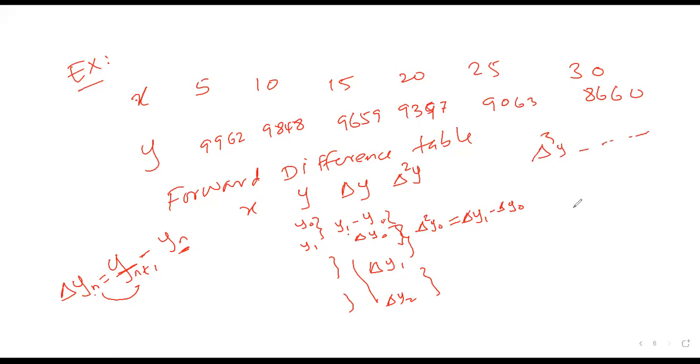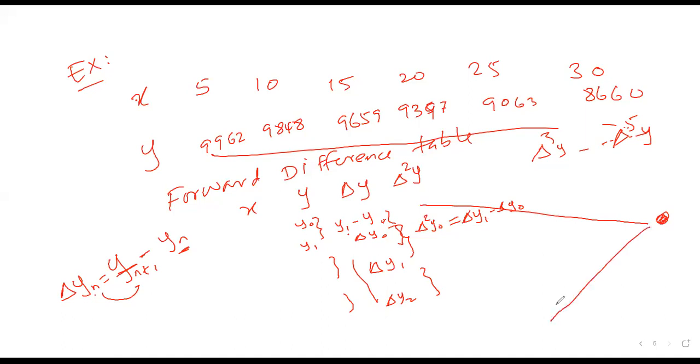Until you get all the same value. For example, in the delta of 5, you will get only one value. Everything will come down to only one value.